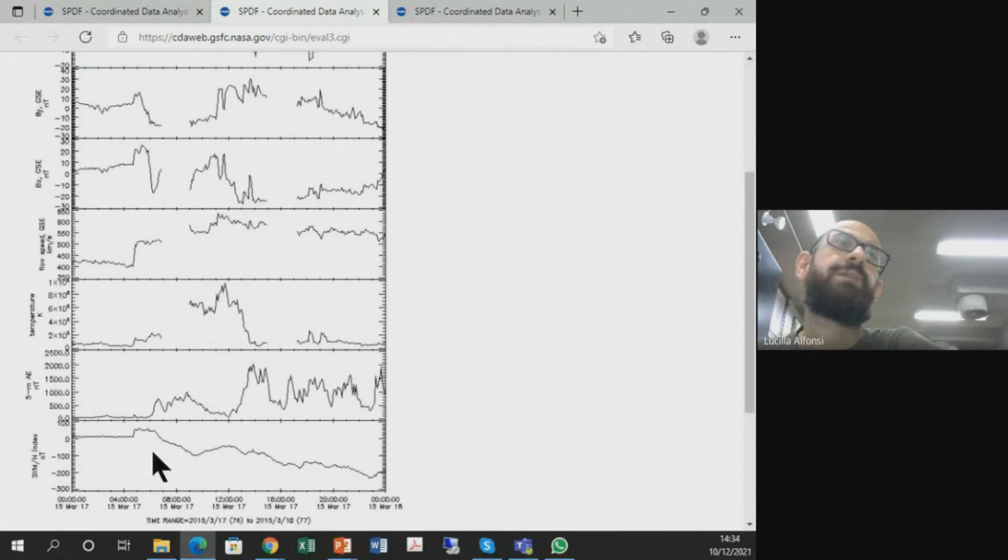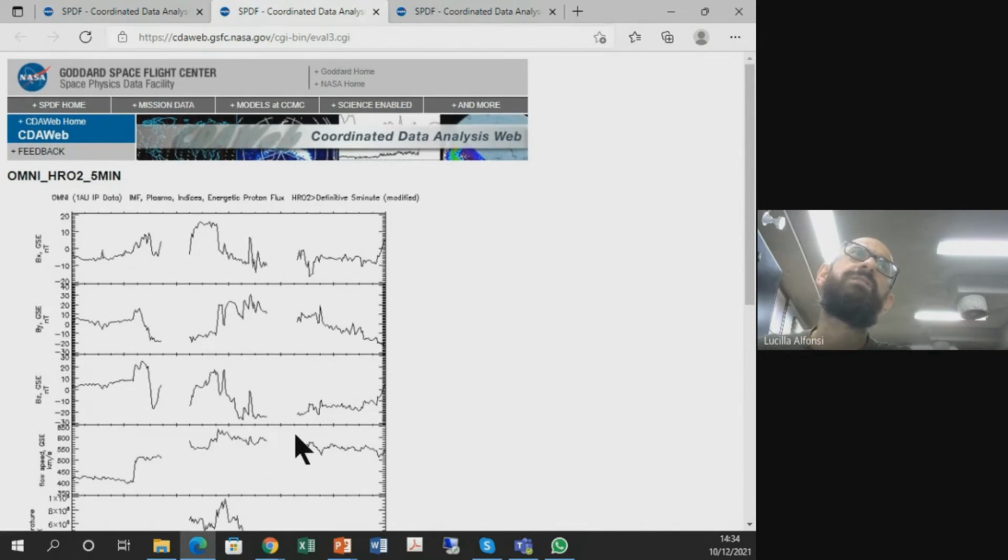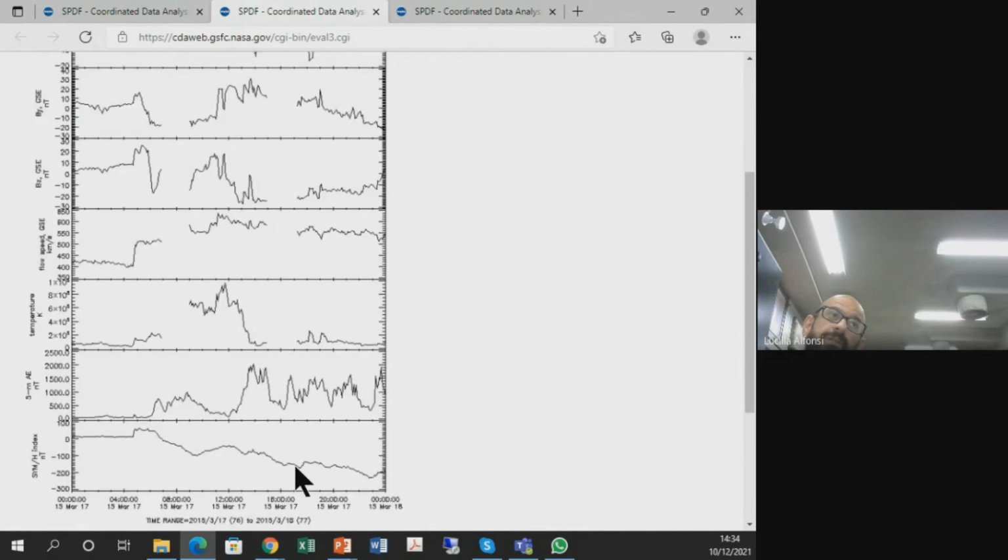You can recognize maybe the DST with the sudden commencement, the main phase, the second CME arriving, and the recovery phase of the storm. So this is the first database, the first instrument you can use to get this kind of data. Basically the IMF and solar wind parameters, together with some geomagnetic data, but I'm going to show you another repository from which you can get all the geomagnetic indices.